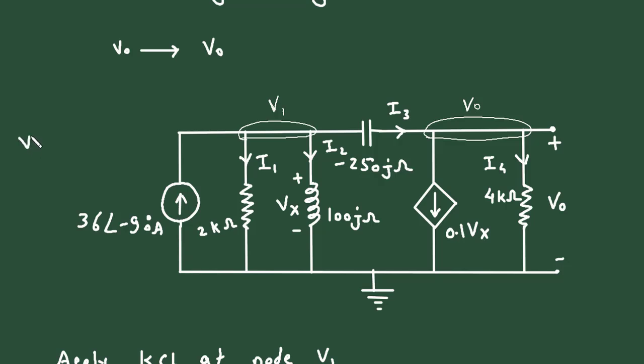Here we can write Vx is equal to current into impedance. So current is I2 multiplied with 100J, and I2 is equal to V1. Or simply here we can see Vx is simply equal to V1.